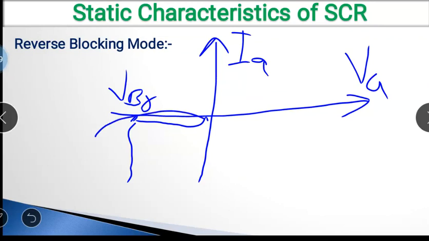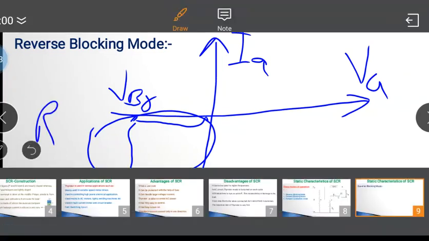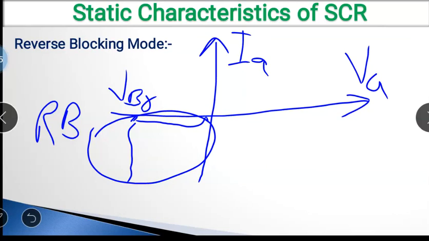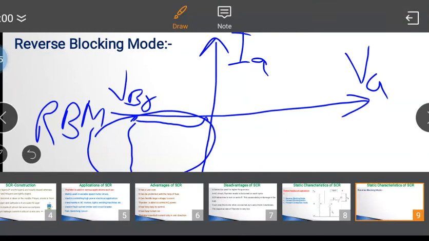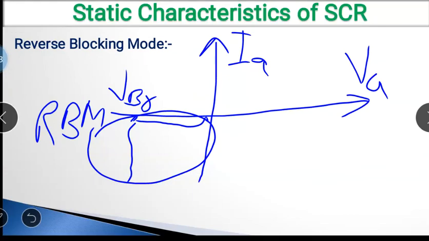This mode of operation is called the reverse blocking mode. In this mode of operation the current flows in the reverse direction, and this is VBR, that is the reverse breakdown voltage. At this point the voltage breaks down and current suddenly flows in the reverse direction.